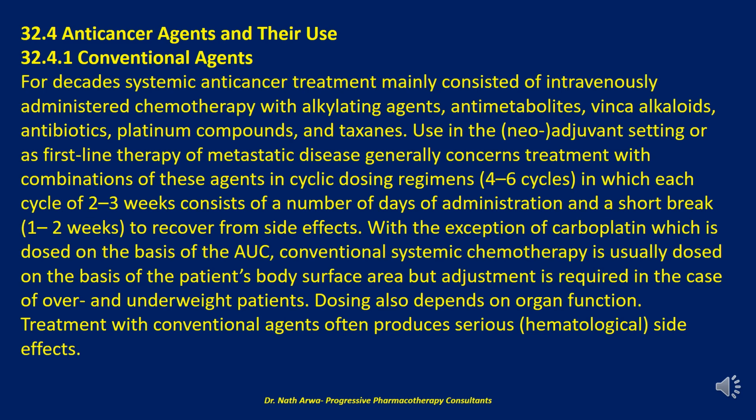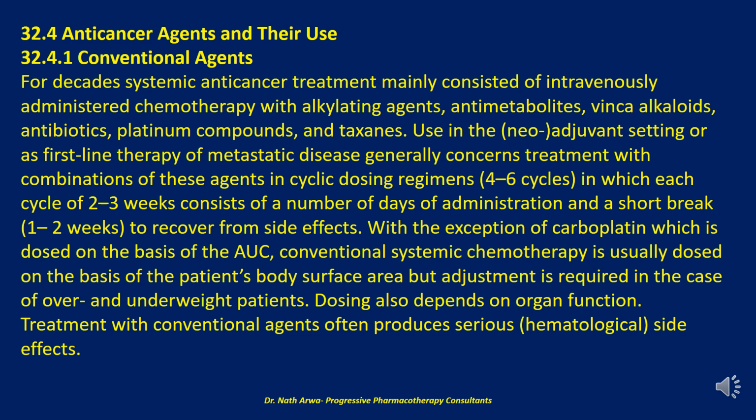these agents in cyclic dosing regimens, for 4 to 6 cycles, in which each cycle of 2 to 3 weeks consists of a number of days of administration and a short break, that is 1 to 2 weeks, to recover from side effects.